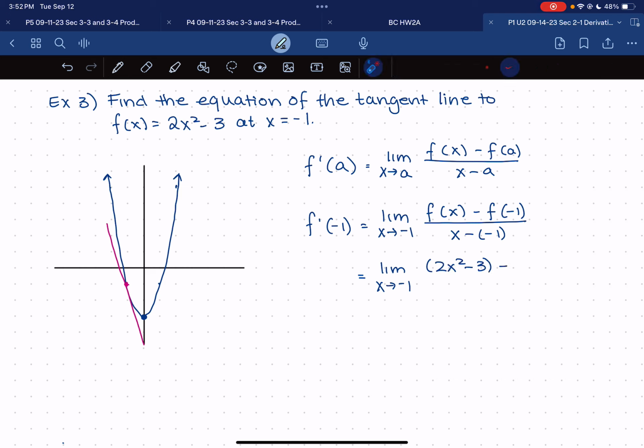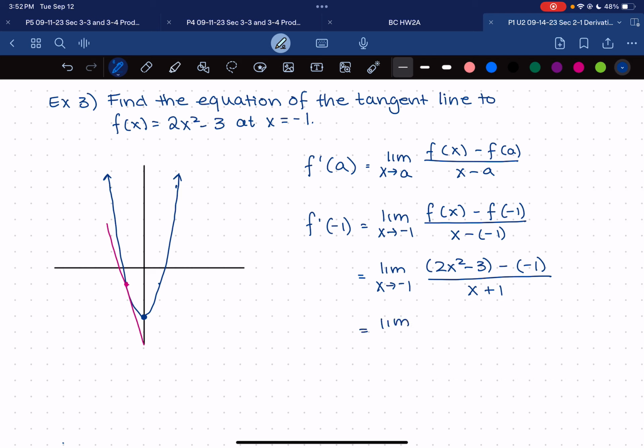And let's just evaluate. -1 squared is 1, 1 times 2 is 2, 2 minus 3 is -1. So f of -1 is -1. That becomes x plus 1 at the bottom.